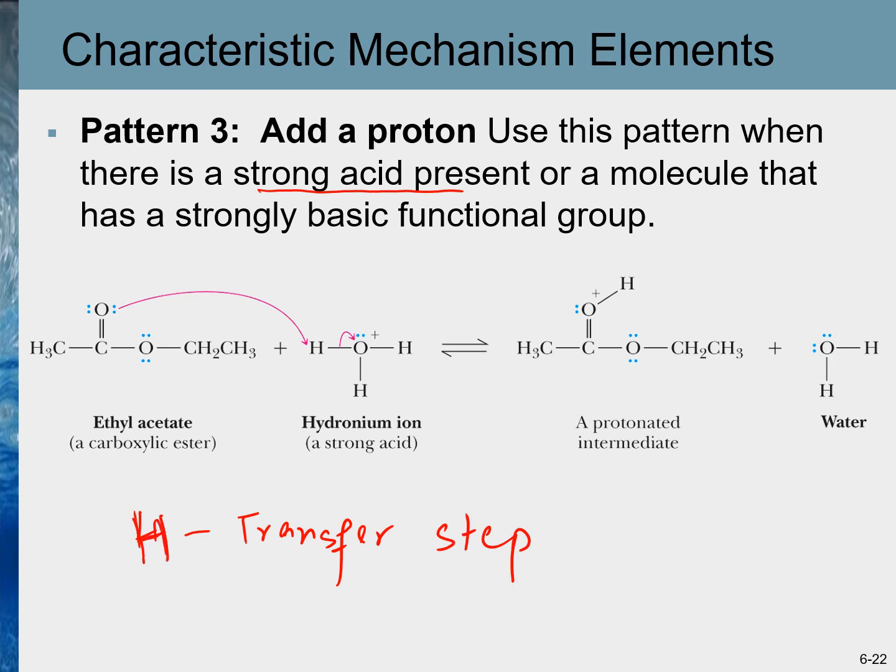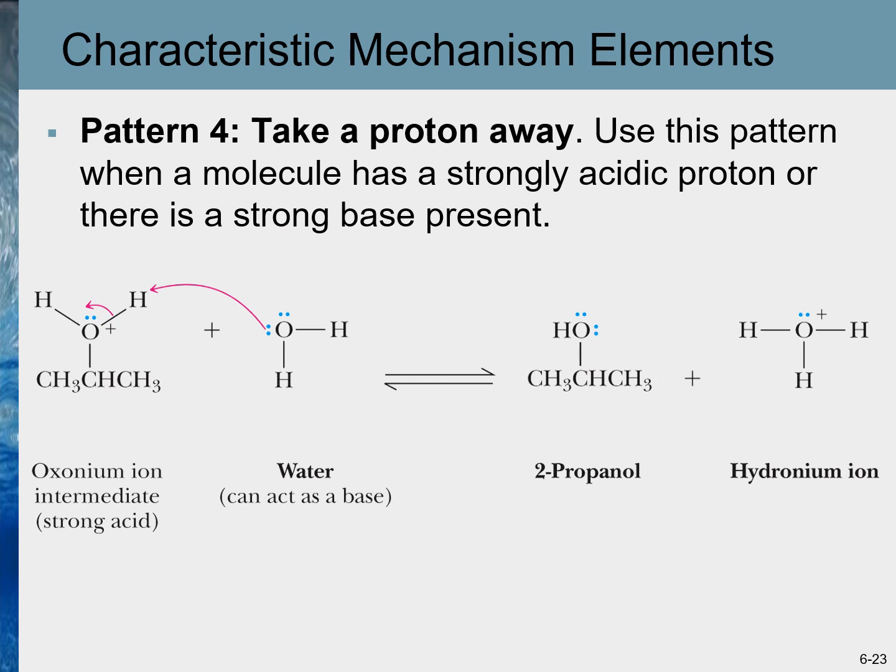As shown here, a proton is being transferred from hydronium ion, which is strongly acidic, to ethyl acetate. The fourth pattern is take a proton away. It is similar to proton transfer. We use this pattern when a molecule has a strongly acidic proton or if there is a strong base present, but it looks similar to proton transfer.